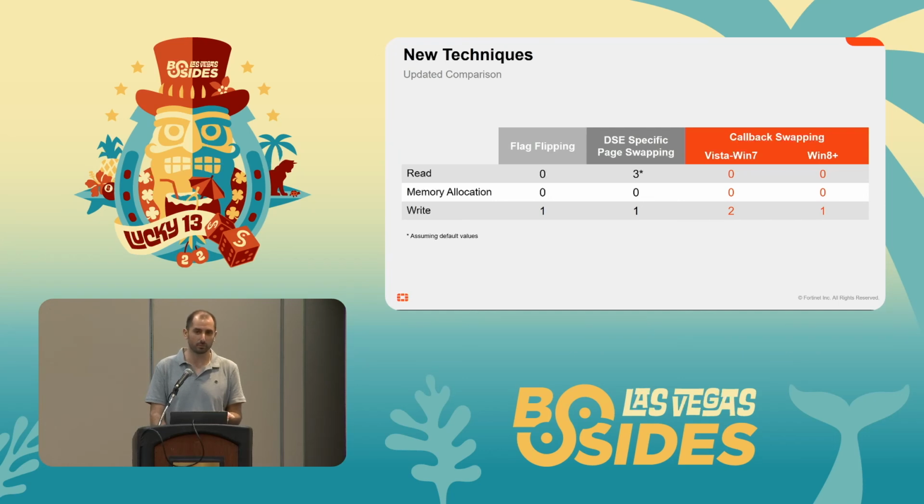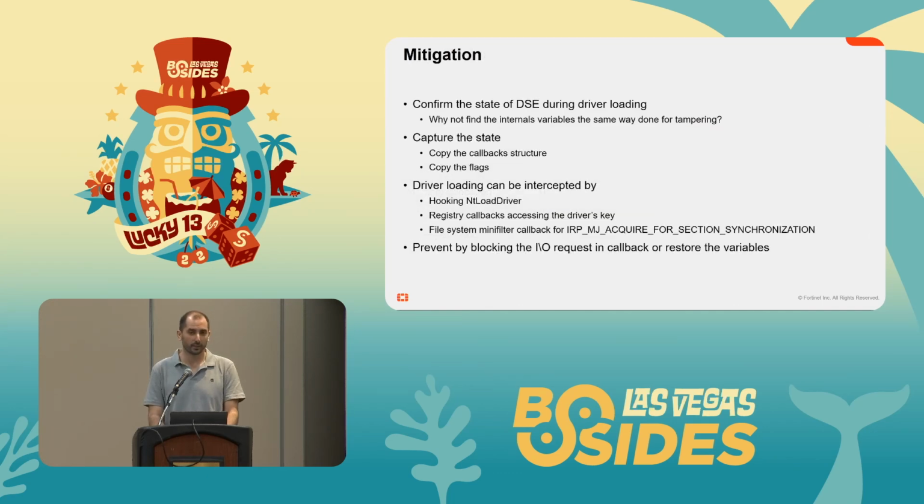In the demos that I showed you, I used known vulnerable drivers that are being used by attackers in the wild, so it's completely feasible. From here, we try to figure out some way that we can improve the situation and not just show you new techniques that you need to worry about.